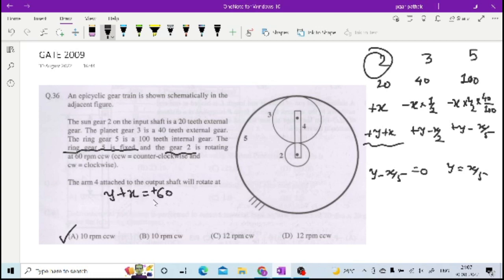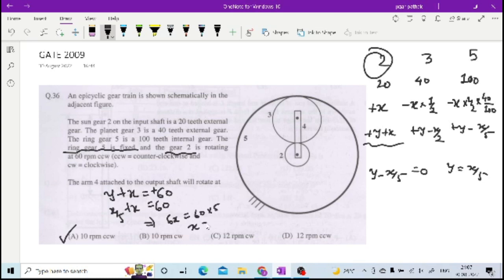Now y is equal to x by 5, so if you put x by 5 plus x equal to 60 and solve, then 6x is equal to 60 into 5, correct?